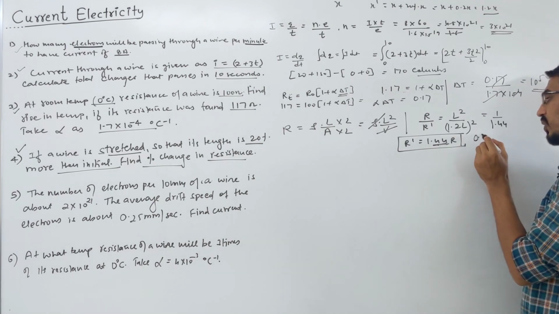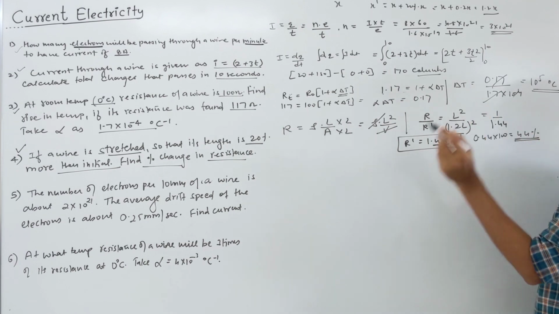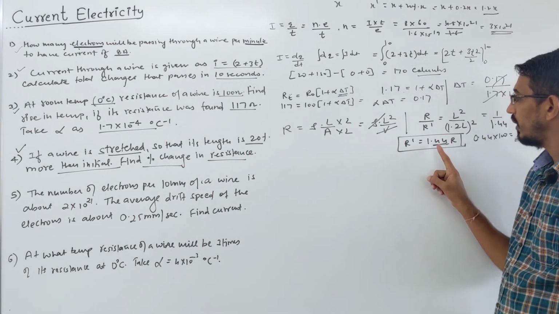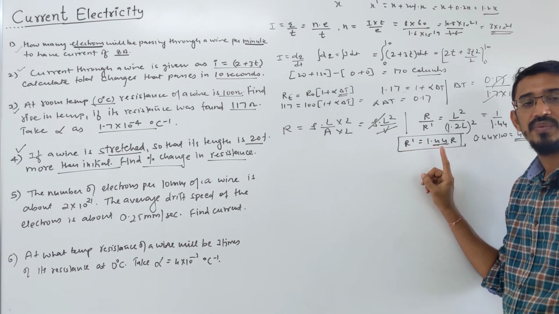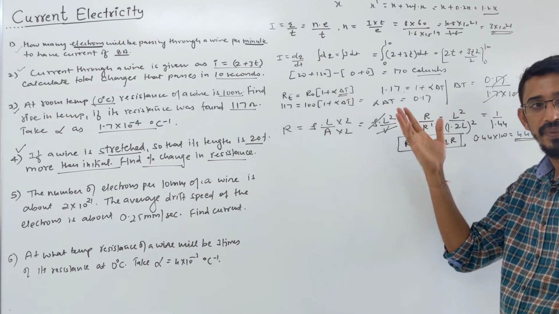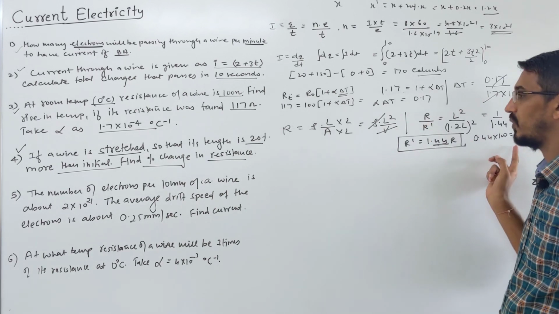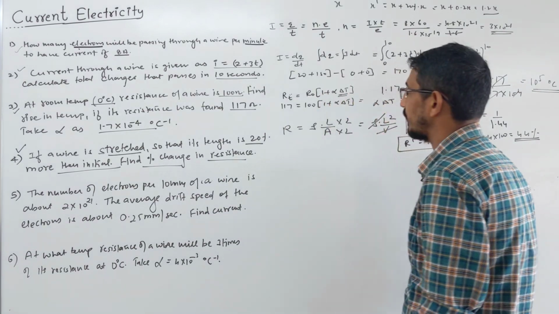So what is it? 0.44 into 100, what is the answer? 44% more. Correct? Your answer is coming. Final answer: the final resistance is 1.44 times the initial resistance. What's the meaning of this? 44% more. So what is the answer of this question? 44% is increased. Okay. That was question number 4.